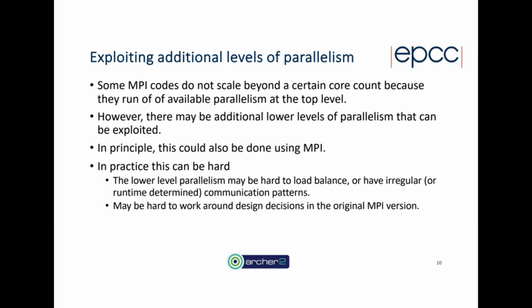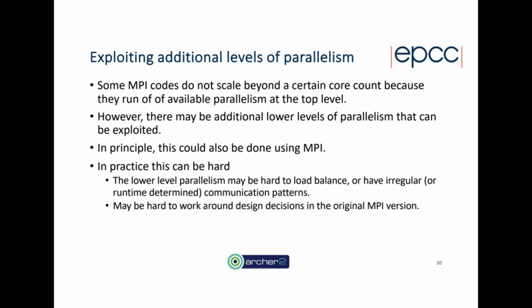However, there might be some additional lower levels of parallelism that could potentially be exploited. And in principle, there's no reason why you could not also do that with MPI. It's just that in practice that might be hard or not very feasible, for several reasons.